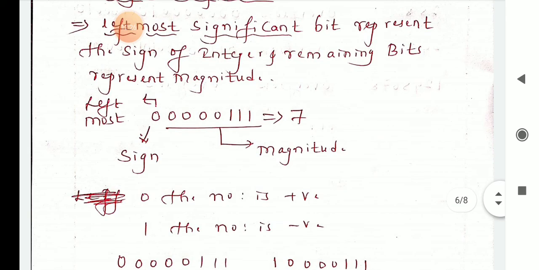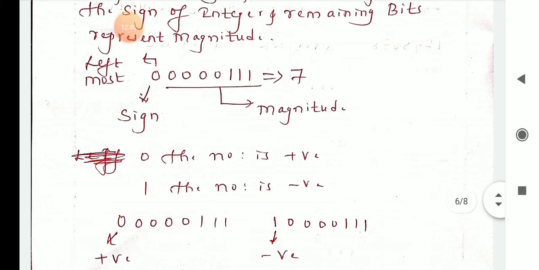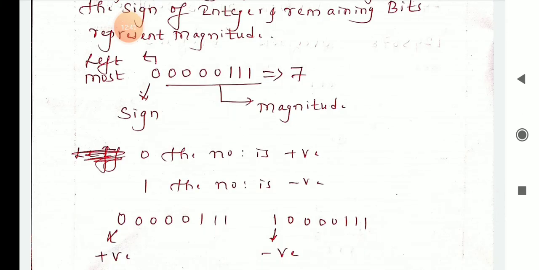If the leftmost bit is 0, the number is positive, so the sign should be positive. If there is a 1 in the leftmost bit, the number is negative. So if the leftmost digit is 0, it is considered positive, and if the leftmost digit is 1, then you have to consider the negative sign.